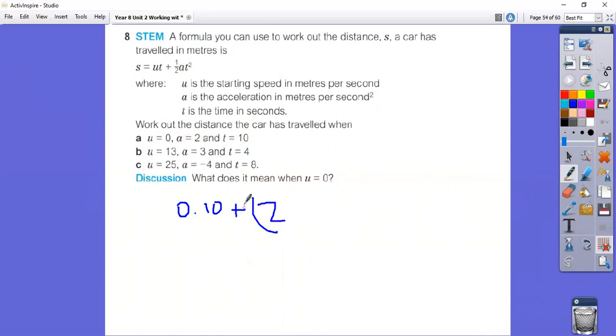Remember, this is half of, so divide that by 2. T squared, 10. So that's 10 squared is 100. So 2 times 100 is 200. Half of that is 100. 0 times 10 is 0. So then that will give you the distance.